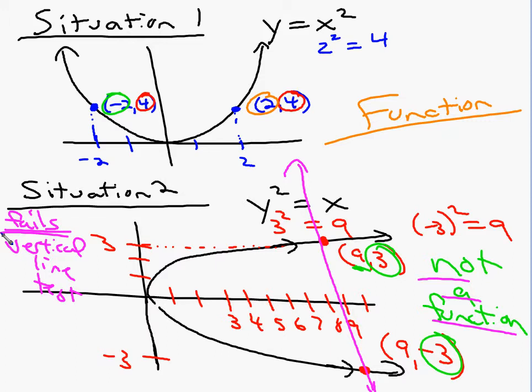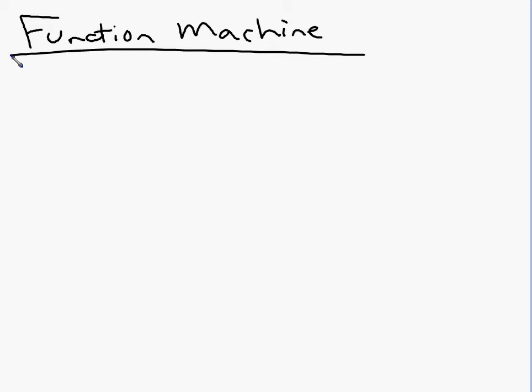Now, the next thing we need to talk about is this idea of inputs and outputs and being matched up. And the way that I always do that is by drawing what I call the function machine. And this is an outstanding way to think about a function. And so I just draw this kind of funny looking machine here.